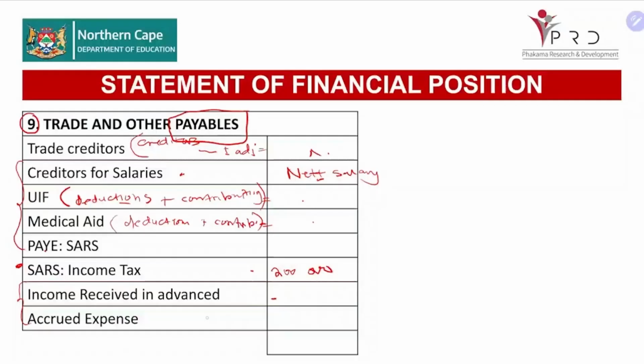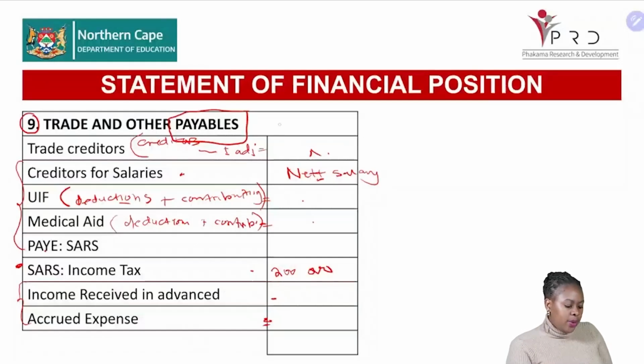All right. Accrued expense. Now that is an expense that we did not pay. Maybe we paid for 10 months or 11 months and there's a month outstanding, then that outstanding amount, the amount that you added in your income statement, is the very same amount that you need to now reflect in your trade and other payables.